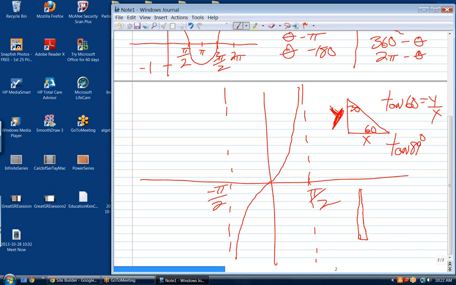This is still the right angle, but this is 89 degrees. It's still y over x, but notice what's happening to x. Getting smaller. Getting smaller. So as I approach 90 degrees, x goes to 0, and I end up with y over 0, which is infinity. So that's why the tangent of 90 degrees is infinite. It's kind of like the slope of a vertical line.